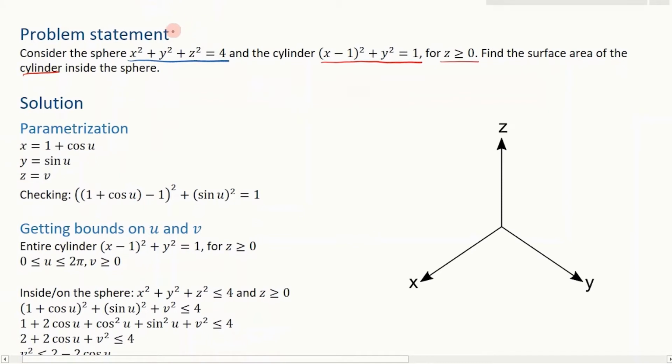Let me sketch this situation. We have a cylinder that's centered on x equals 1. It has a radius of 1, and it goes above the xy plane.